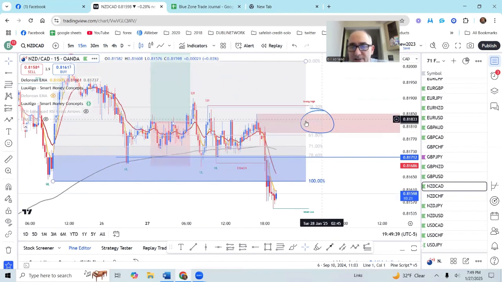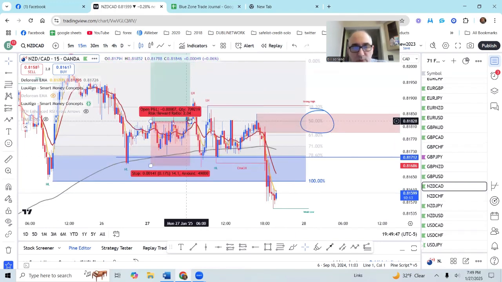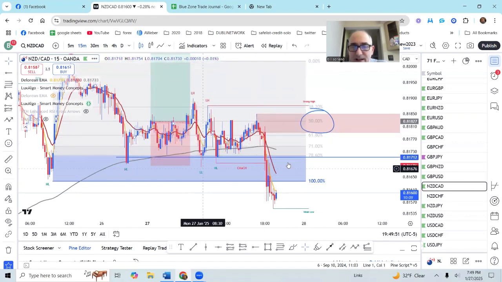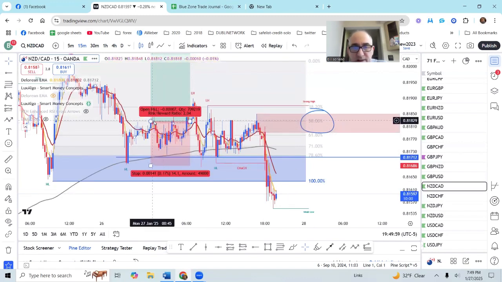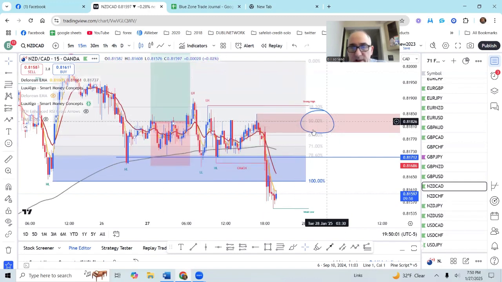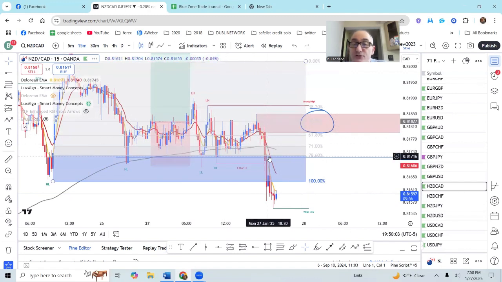If it's at the 50, then we only want to buy in this discount area, which is essentially from say 51 to 100%. So because of that, we circled the 50 here, and we would not have taken this trade.